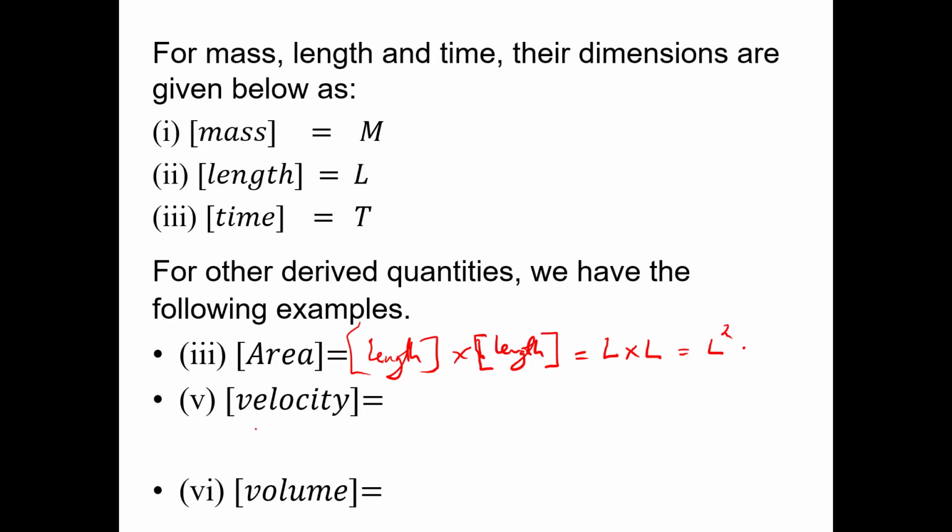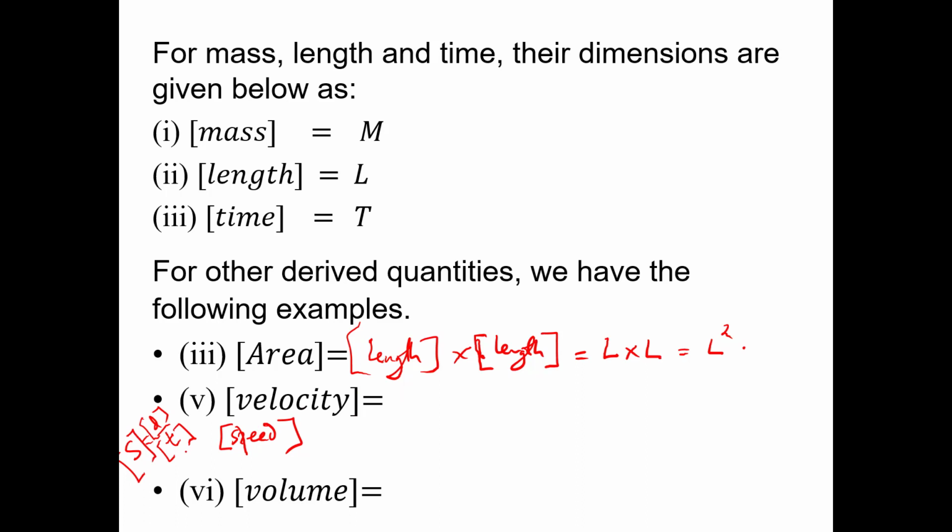Okay, so velocity is the same as speed. It is the same as speed, only that velocity is a vector and speed is a scalar, but they all have the same dimensions. And remember that speed is equal to distance over time. So the dimension of speed, that's now introducing the symbol, is equal to dimension of distance over the dimension of time.